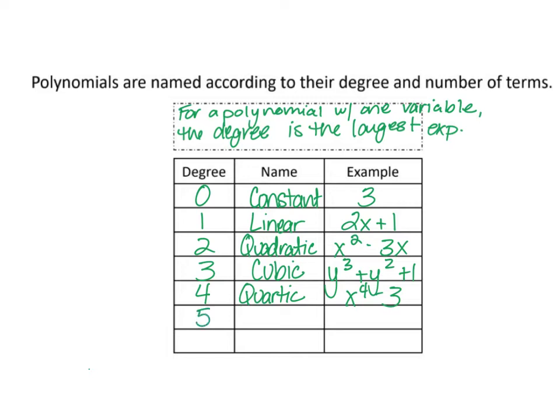A degree of 5 is quintic, which would be like y to the 5th minus y squared. And then anything with 6 or more, it would be 6th degree and so on. So it would be whatever degree it is.